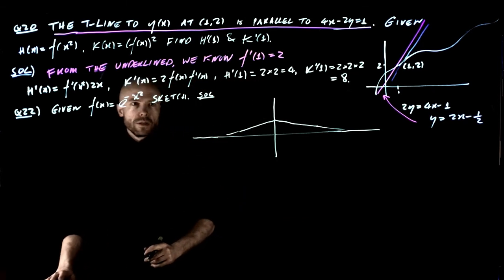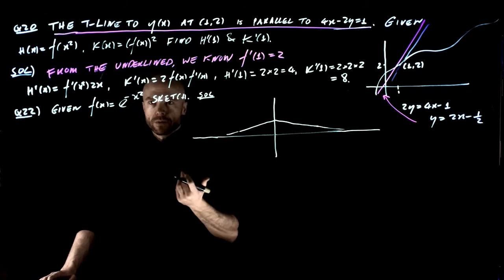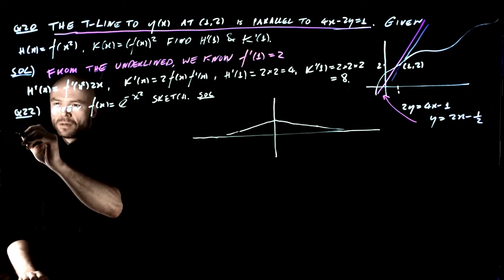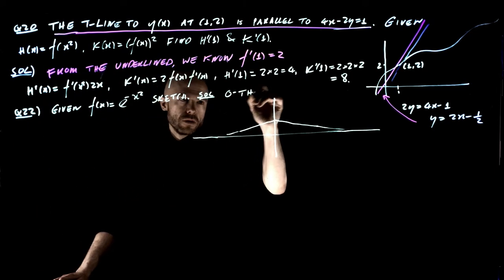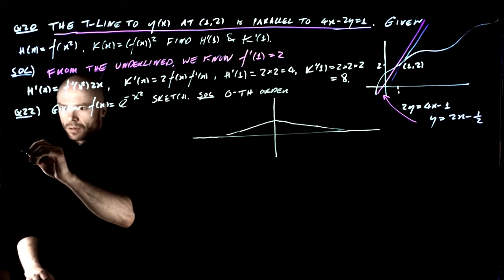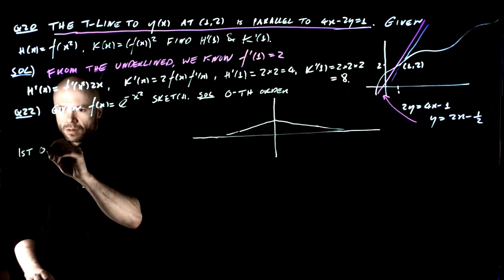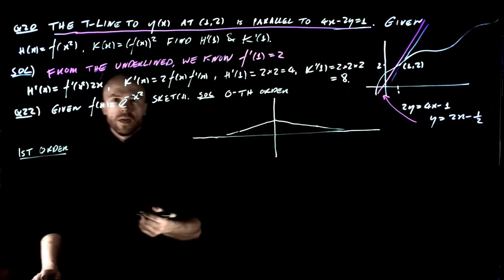Okay, cool. That's, I think, the only 0th information we can get from this. And now we have to differentiate to get more. So first order, so solution 0th order. And now the first order. And we differentiate.